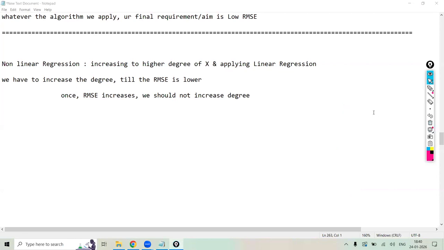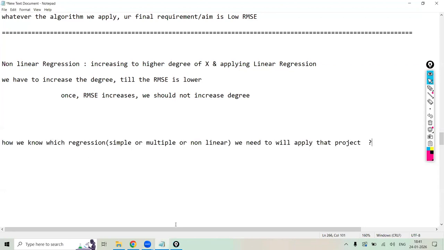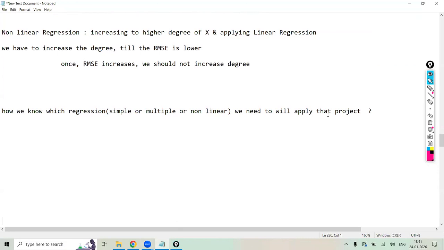Now, Srikanth is asking one question. I'm just copying the question of Srikanth here. How to know which regression we need to apply for the project? That is the question.